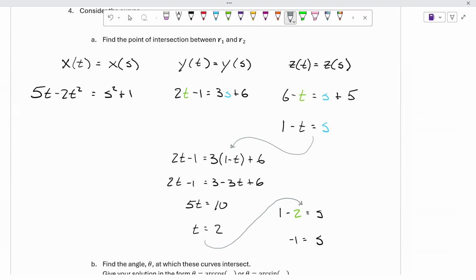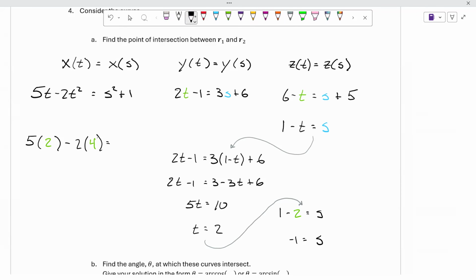And now with those two together, I'll come check the other equation. So if I plug in 2 for T, let's try that back in black. This will be 5 times 2 minus 2 times 2 squared, which will be 4.